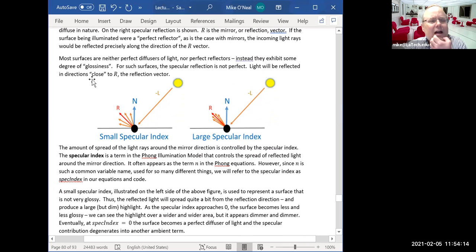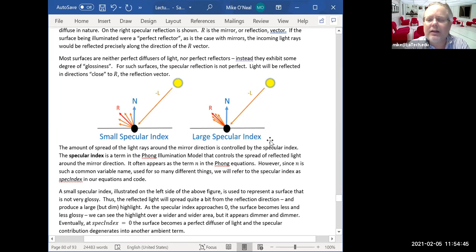If the object is not very shiny, so it's got a small specular index, it's getting closer to waxy cardboard or maybe even unwaxed cardboard. So the smaller the specular index gets, the less shiny the object is, and the wider the range of angles that the reflected light is reflected.